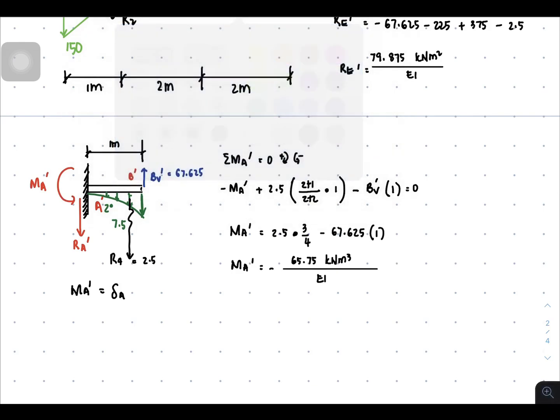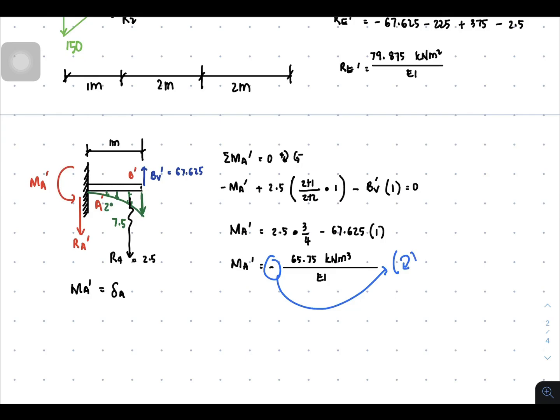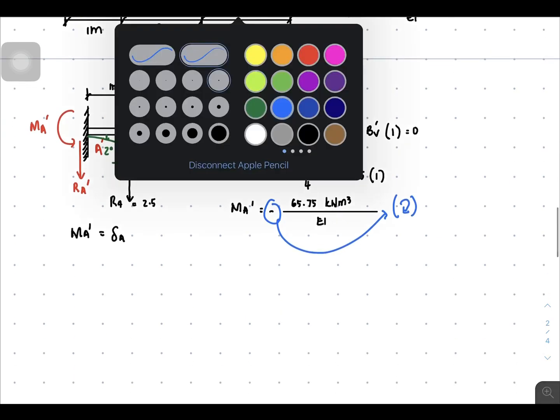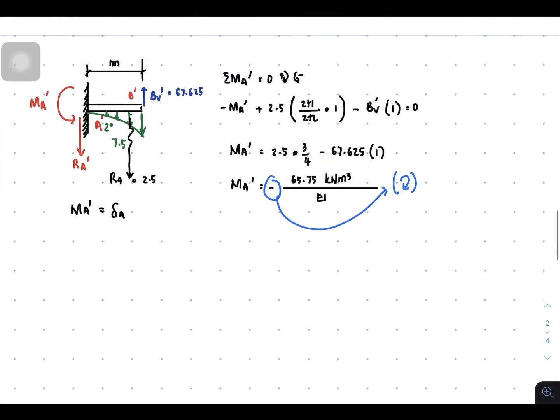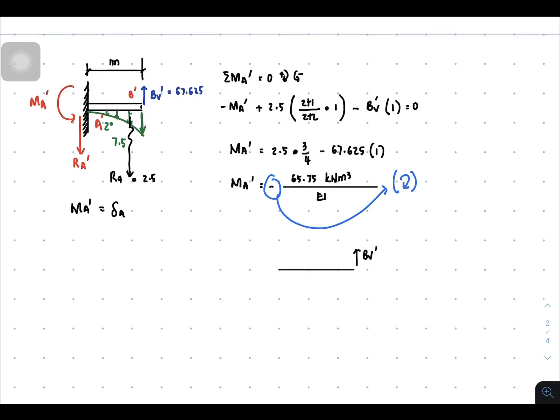It says here na negative because our direction na counter is wrong. So it should be clockwise. So whenever naatay beam, and then we have here the BV, and we have the moment nga clockwise, MA prime.